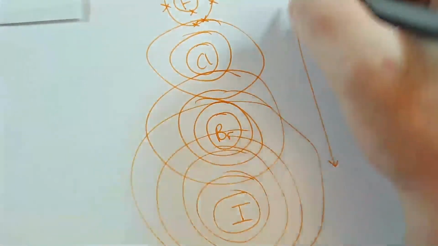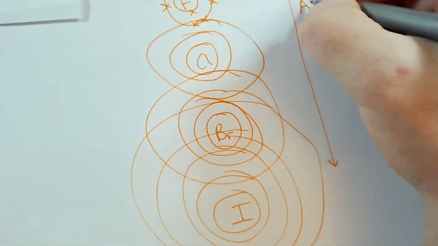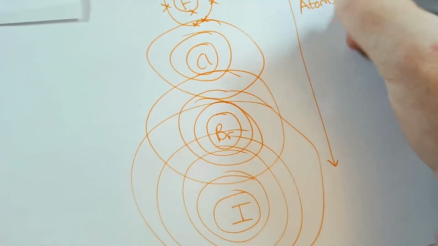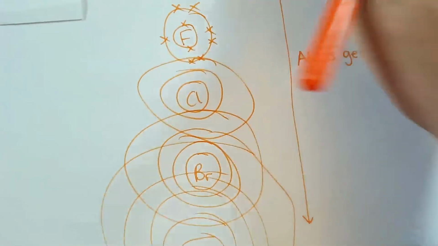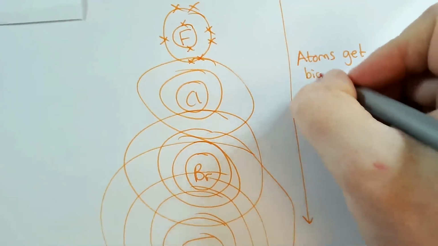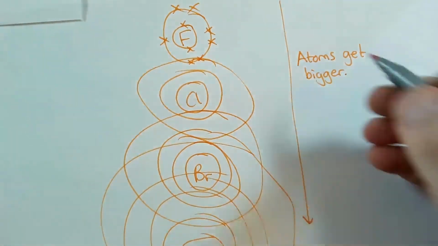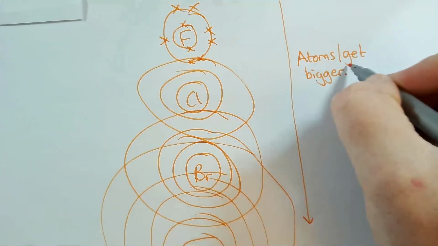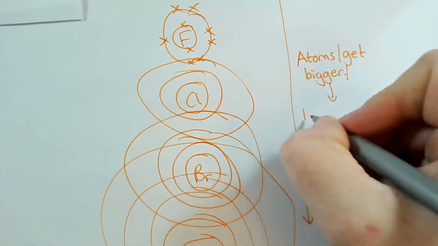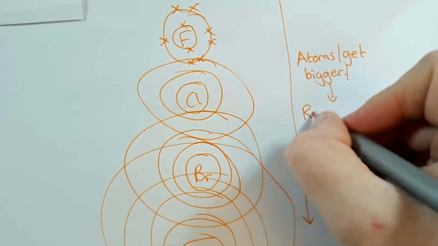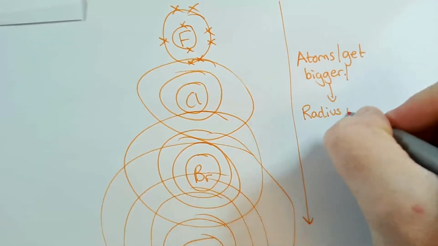As we go down, the atoms get bigger. Now, what's a better word than get bigger? That is the radius increases.